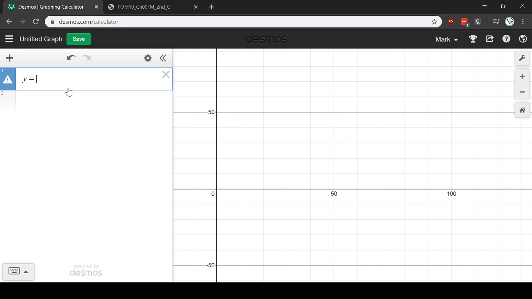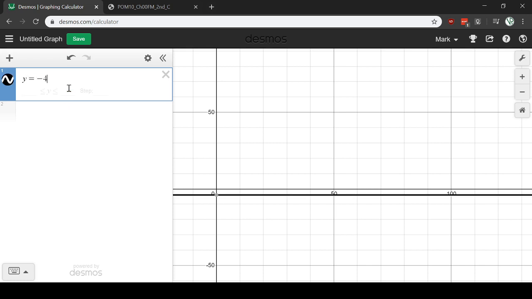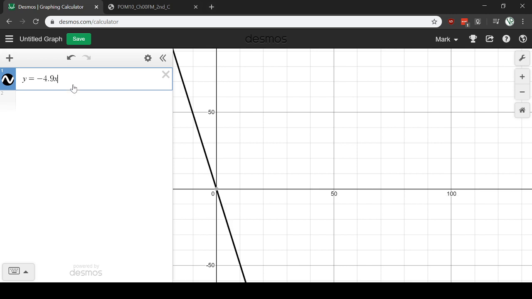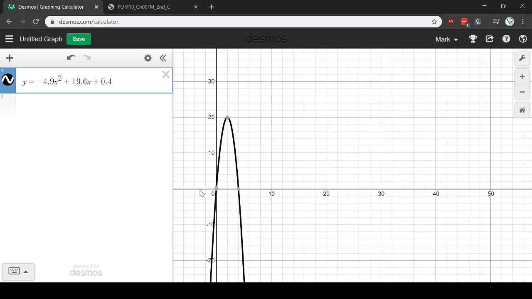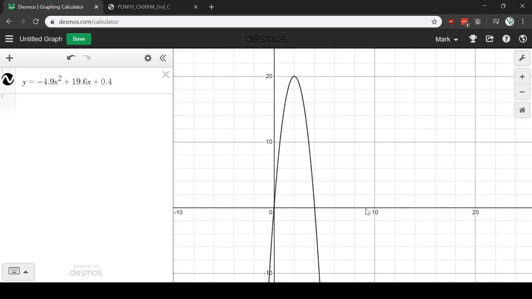Y equals negative 4.9 x instead of t to the power of 2 plus 19.6 x plus 0.4. So this here is a graph of that.